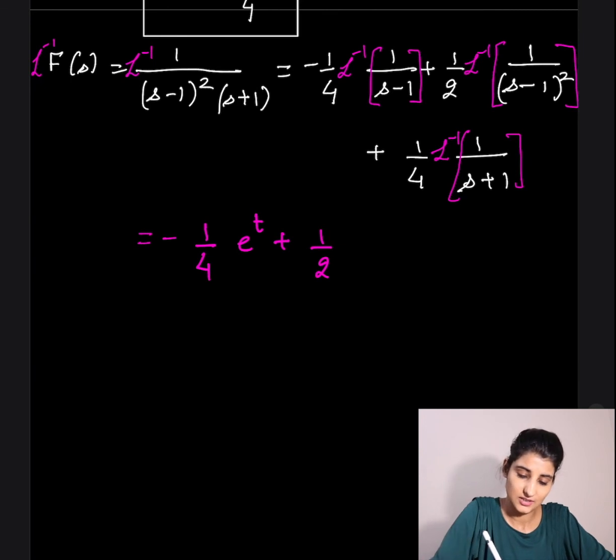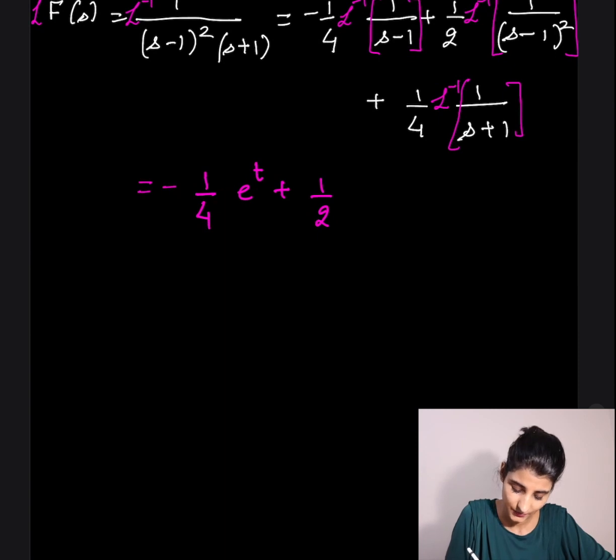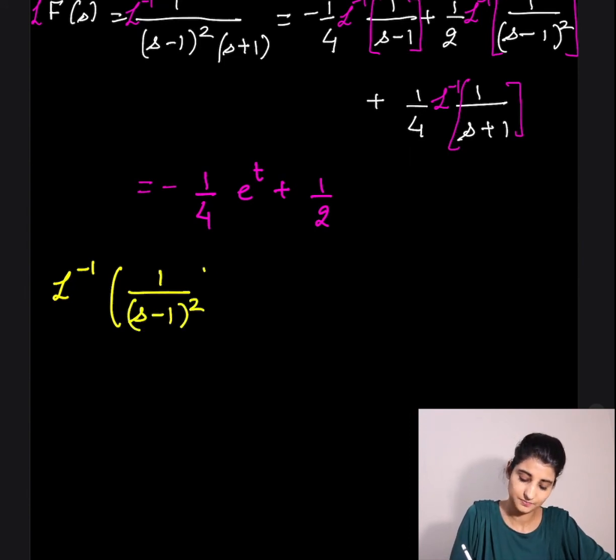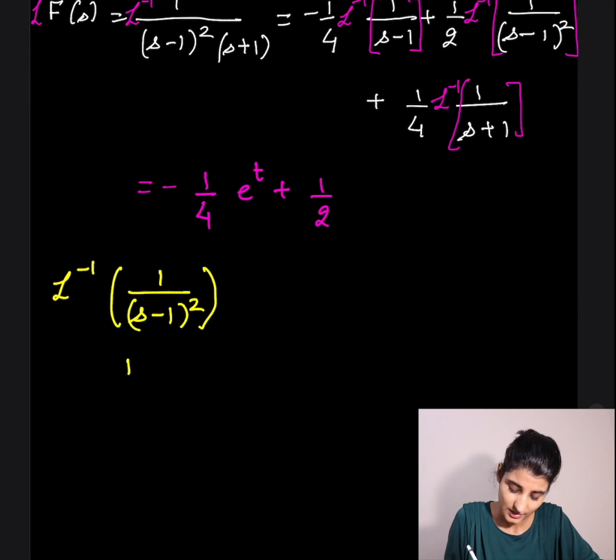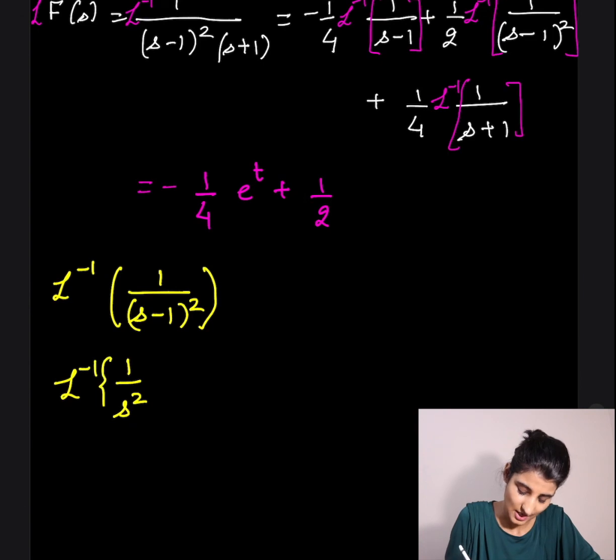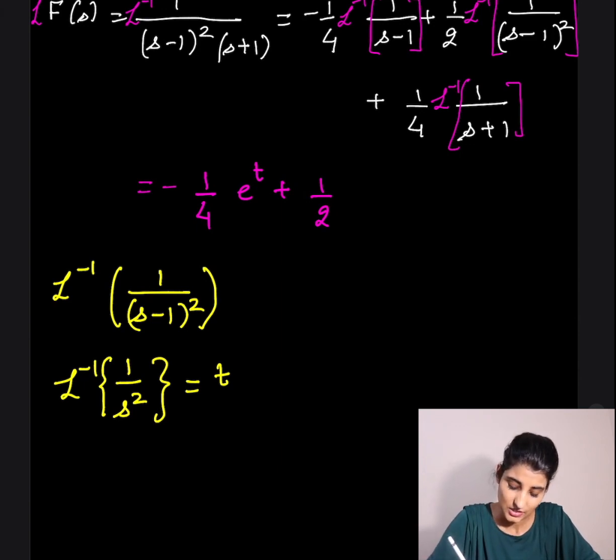Let me write it down separately: Laplace inverse of 1 over (s minus 1) square. If you look at your table carefully, the Laplace inverse of 1 over s square is t, right? Now in place of s, you are substituting s minus 1.